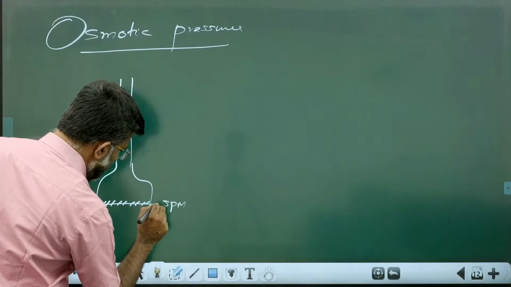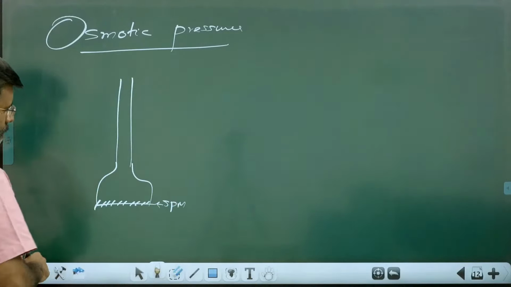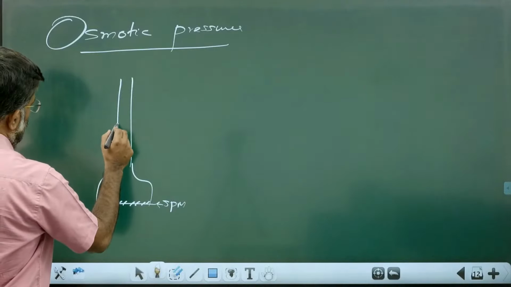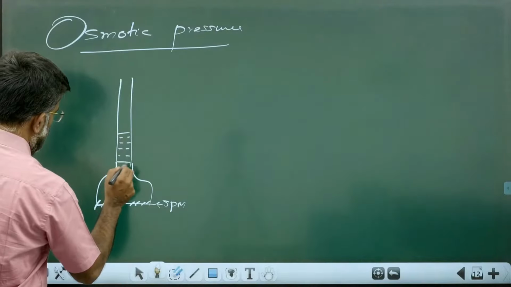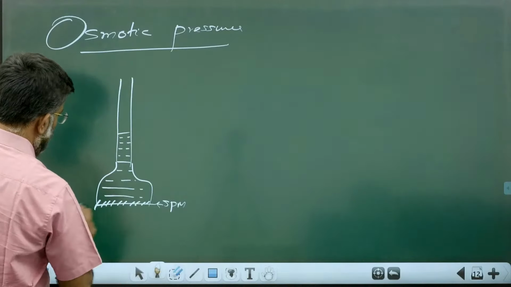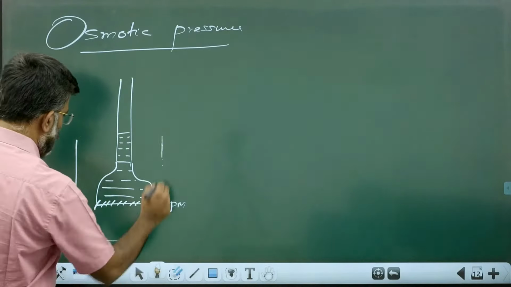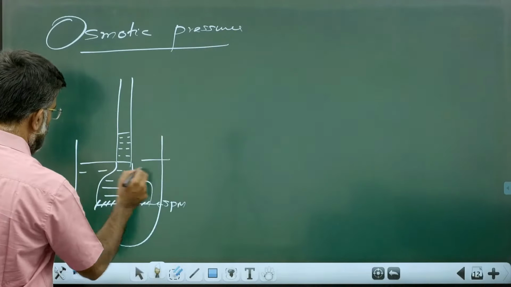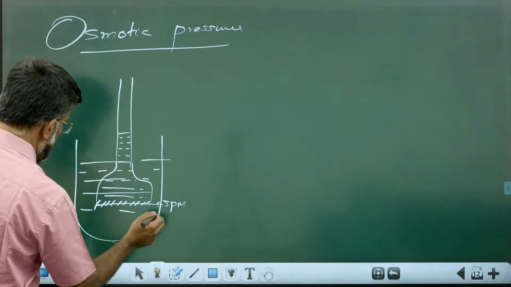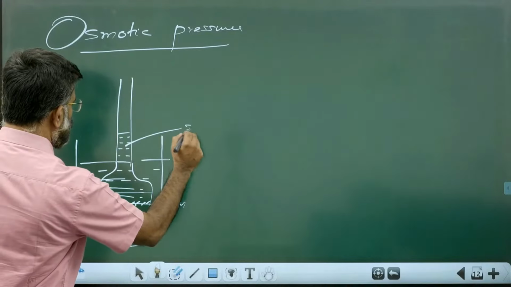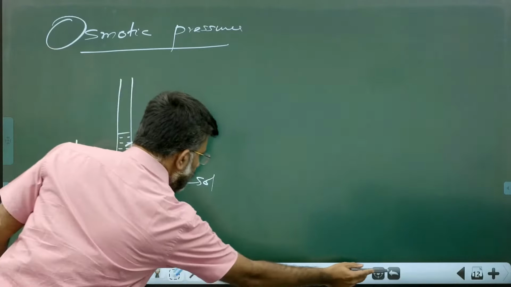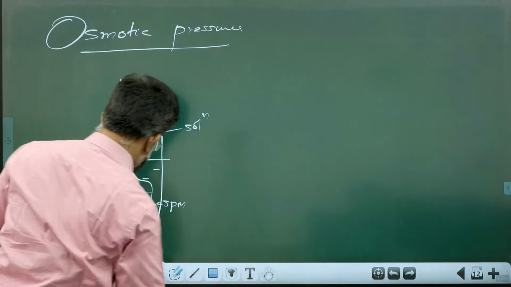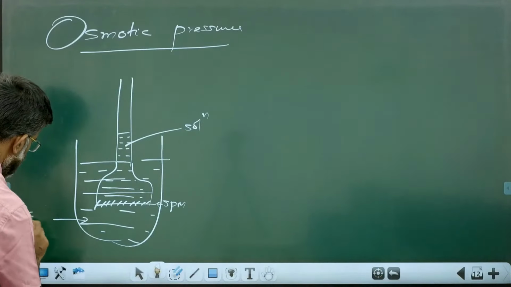The funnel is taken with a solution inside it, and the entire funnel is immersed into a solvent. So this is solution and this is solvent.